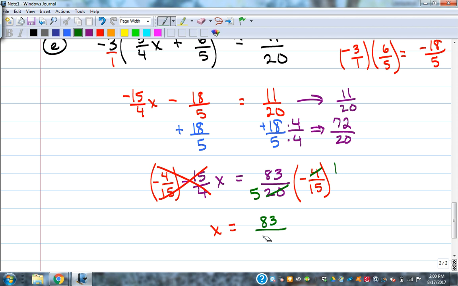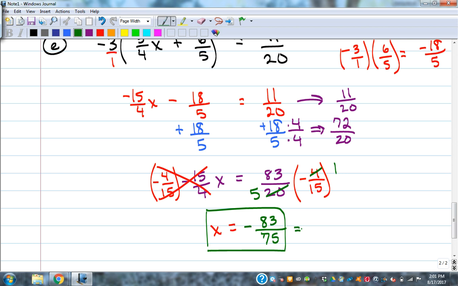Try again. 15 times 5. 5 times 10 is 50. 5 times 5 is 25. So that'd be 75. Is it positive or negative? Negative, because we multiplied by a negative 4 over 15. We cross canceled already, so we've already done the reducing.